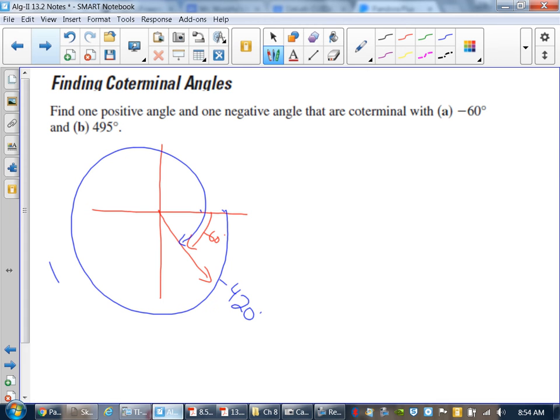If I went the other direction to get to that position in that fourth quadrant, if I started at 0 and I went positive, how many degrees does it take me to get there? 300, because that 60-degree angle is how far off of 360.